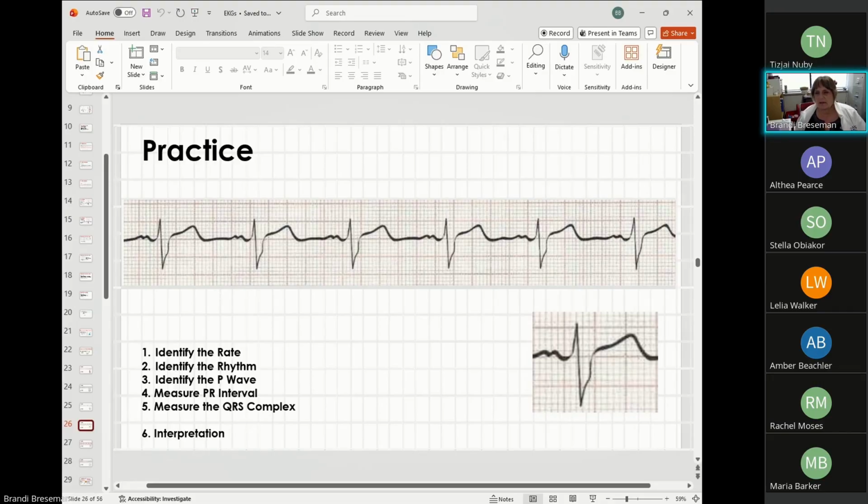So that would be 0.12, which is again normal. So what's our rhythm? Normal sinus rhythm. All right. Do we treat normal sinus rhythm? No, because that's where we want them to be.